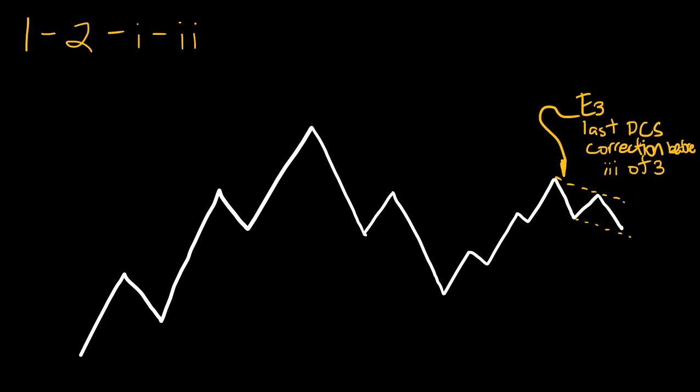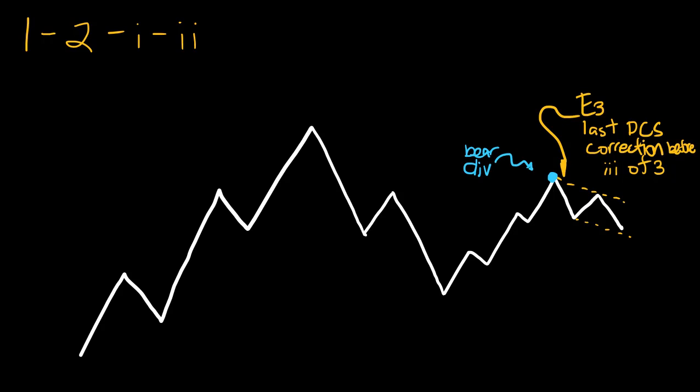Since the E3 is a corrective move in itself, we can use the parameters of the bigger wave 2 erosion to characterize this E3 pullback. This means that it also starts at the peak of the smaller wave 1 after a lower time frame bearish divergence.